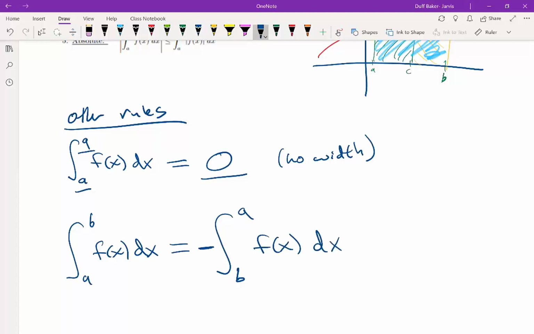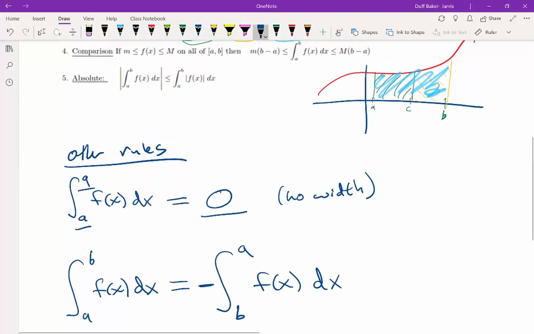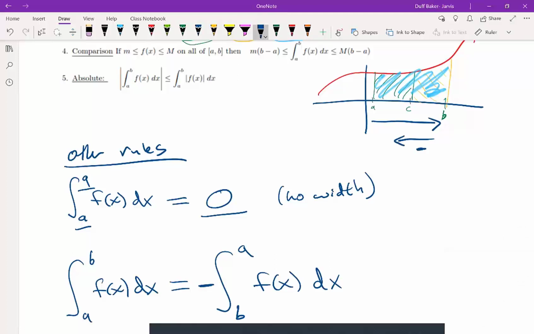Basically what it's saying is, whenever we calculate areas, we always calculate them from left to right. We call going from left to right positive if it's above. And so if you go the other way, it's more of a convention that we use, that we call that negative, just because everything works out so nicely if you make that definition.